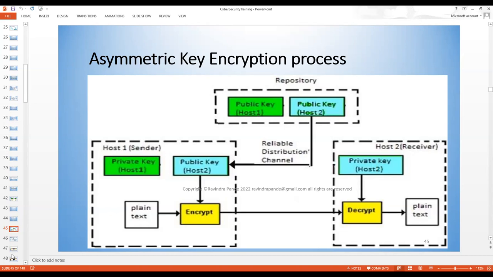So the private key has to be retrieved by host 2 from the same repository or mostly a different repository, and that different repository name or IP address or server name is normally supplied with the first handshake within the session.